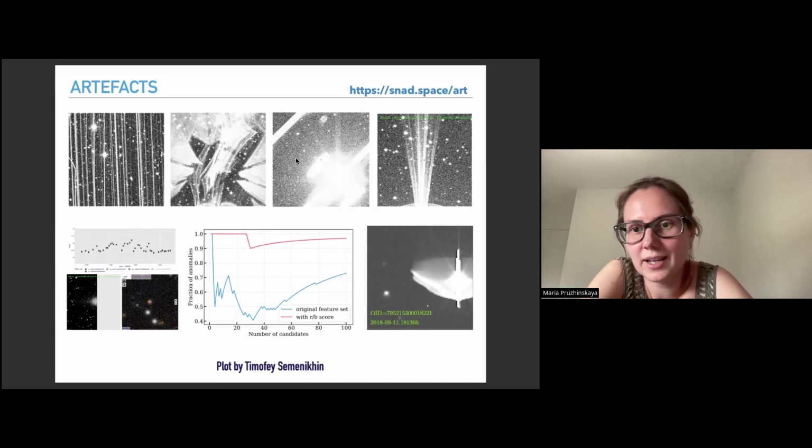I put some nice examples here: some slew, ghost, this is probably a plane or some track, some diffraction spikes, so many different kinds of them.